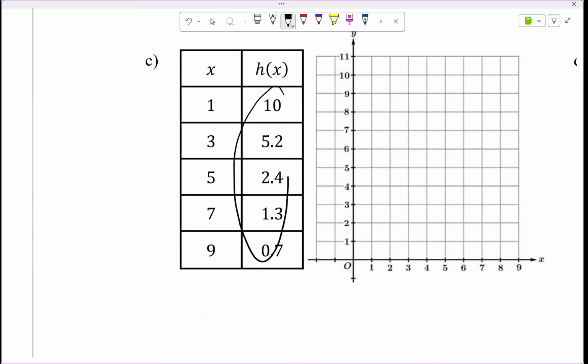Yeah, I think this could all be a line. If we started at 10, it could go down to 0.7. The 10 would be here at 1, and then the 5 would be over here at like 5, and then 2.4 would be over at 7 or something. These Y values could be exactly the same on a line. But because these are so evenly spaced, each one is half within that space.